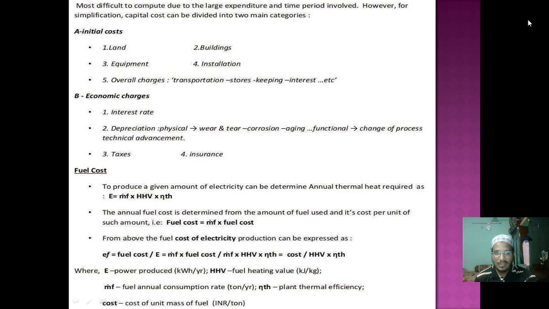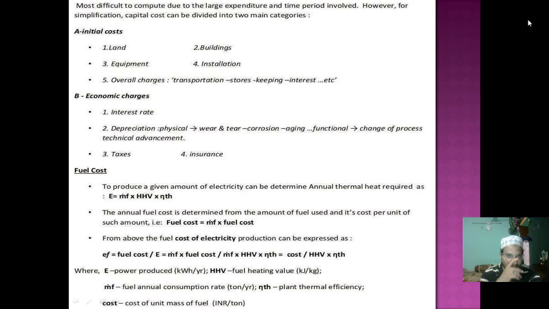As you know, we already discussed the economic, which means the cost of electricity produced. So if we are producing electricity, we should pay interest to the government, the interest rate. Depreciation means physical wear and tear, corrosion, a functional change of process, technical advancement.